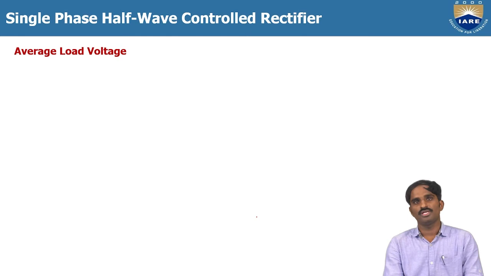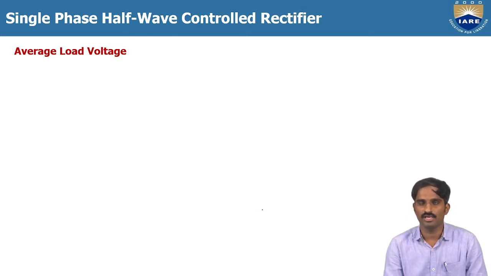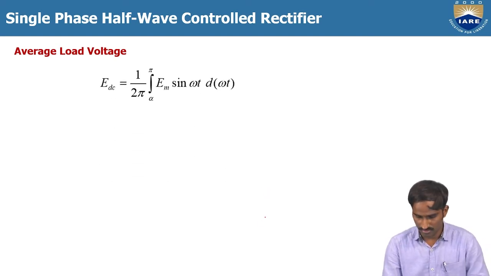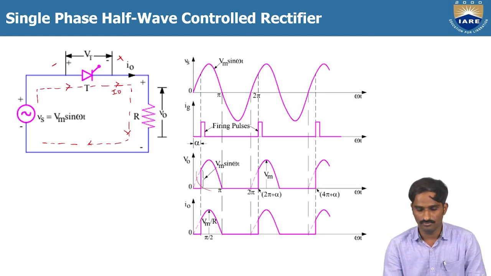Then, how to derive the average load voltage and average load current. For this particular waveform, you can see the V0 and I0 waveforms are similar to each other, because the voltage is Vm sin omega t and the current is Vm sin omega t by R. These two waveforms follow the input waveform, which is a sine wave.